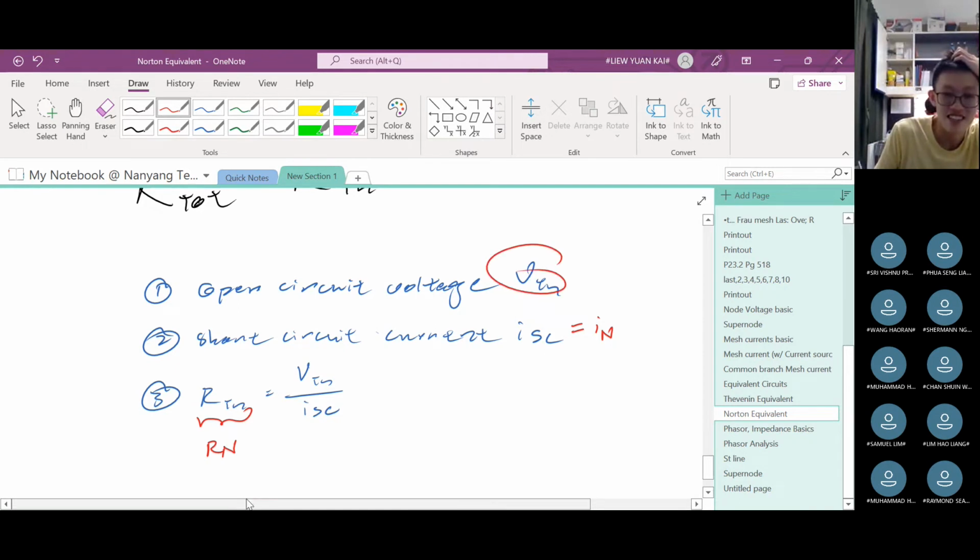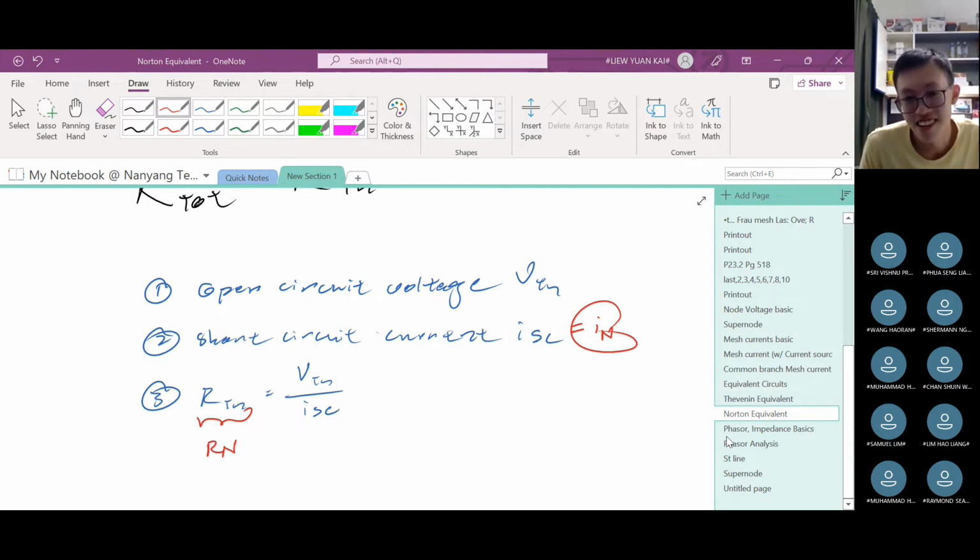So this method kills 2 birds with 1 stone. You can find both the Thevenin and the Norton using these 2 methods. They will inherently give you the values you need.